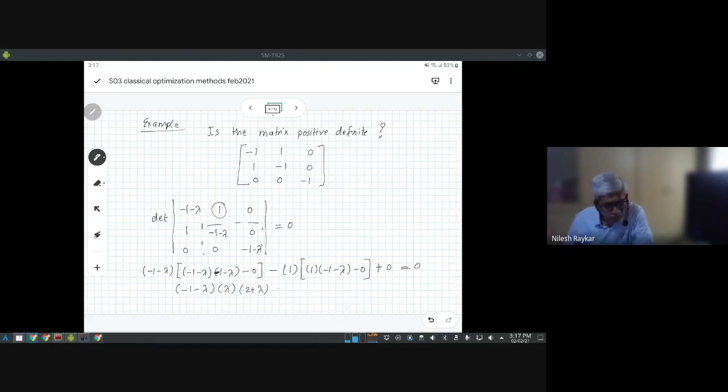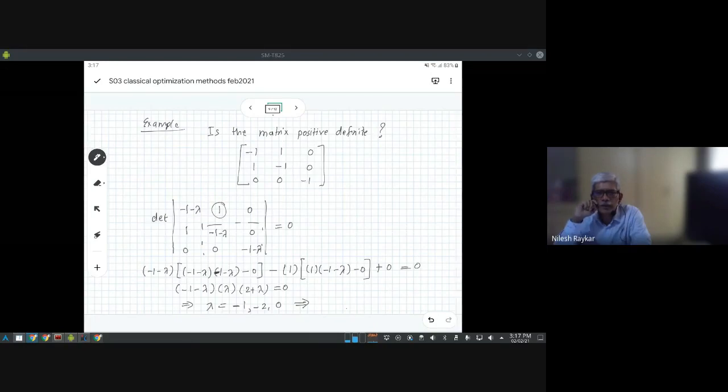Okay, so 2 plus lambda equal to 0. So this implies the 3 eigenvalues you get as -1, -2, and 0. So what is our conclusion? Is it a positive definite matrix? No, sir.